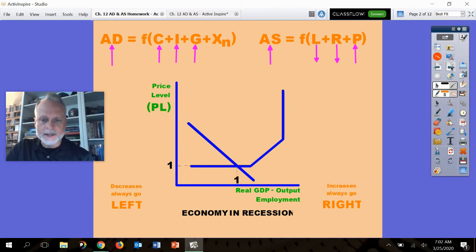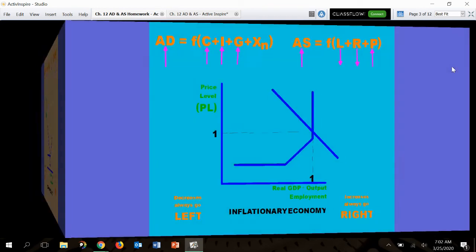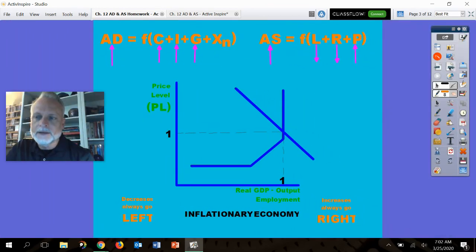This is an economy in recession where AD has fallen way down into range 1. You might have a homework problem that starts here, so be warned. If you're reading something about recession, you might need to draw something that starts in recession. Here is an economy that's suffering from high levels of inflation where we've bumped up into range 3. Neither of these are in the happy place, so probably going to be reading about policies that get us back to range 2.